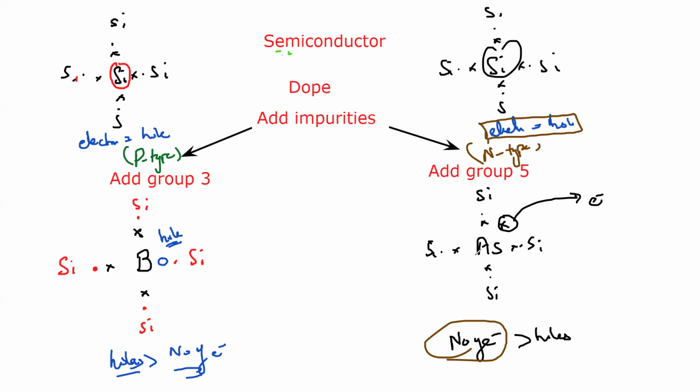But when we add arsenic, we increase the number of electrons compared to holes. The holes remain the same in number. Let's say when it was not doped, it had just 10 electrons and 10 holes. But when we carry out doping, adding a group 5 element, the number of electrons will be more and the holes will remain the same.